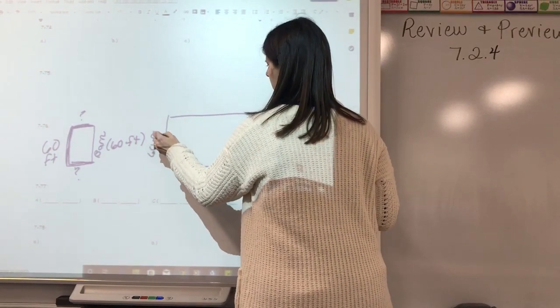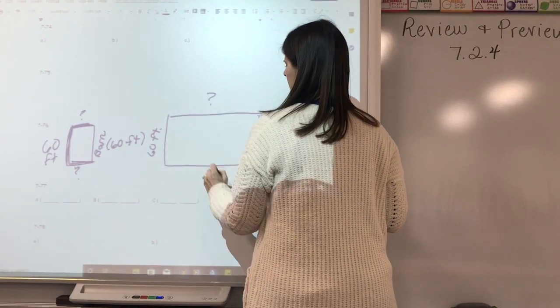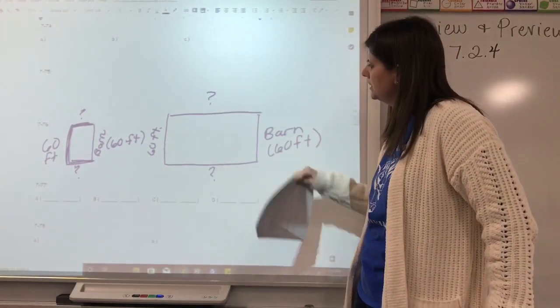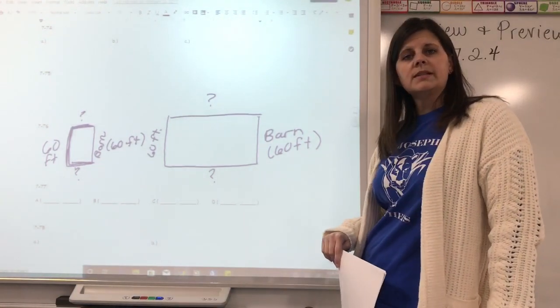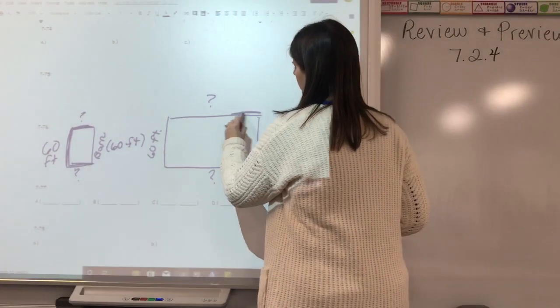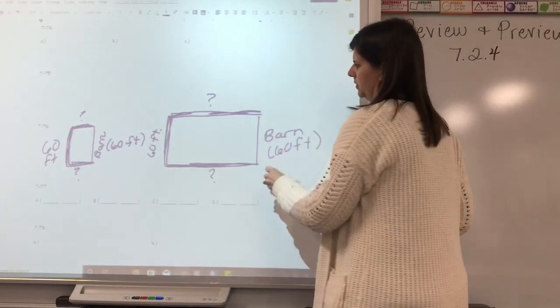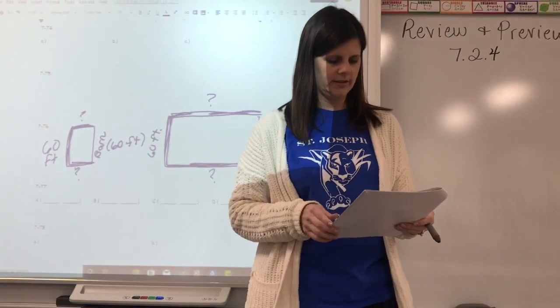This side is still going to be 60 feet, but then these longer sides would have to be twice as much as what we've got. So once I know those 2 missing side lengths, same as before, you are only going to have 3 sides of the rectangle to put fence along, because you will not put fence along this side of the barn.